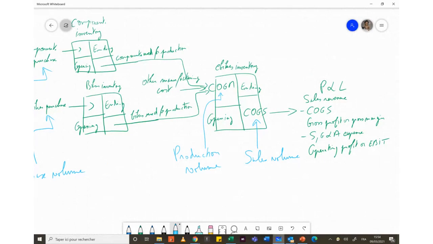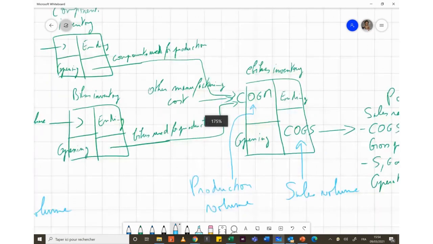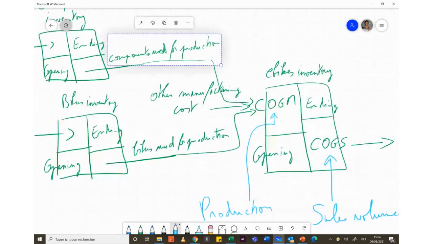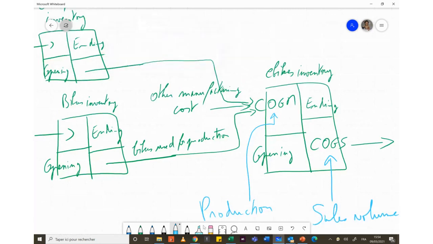So here, for the moment, we have expenses in function of the production volume, components used for production, bags used for production, and other manufacturing expense. So maybe we write this one.